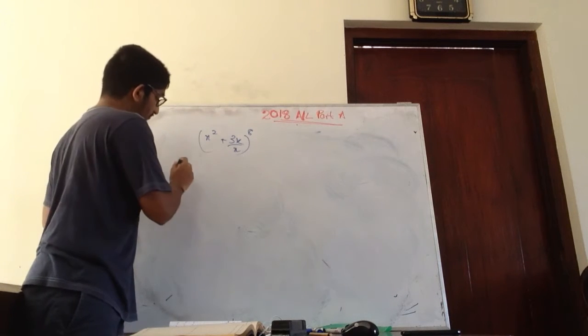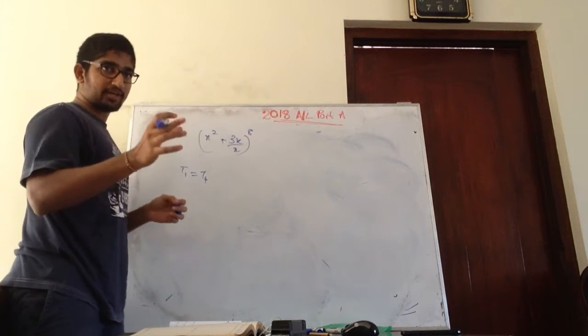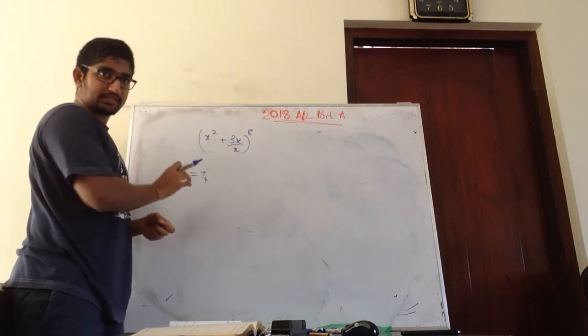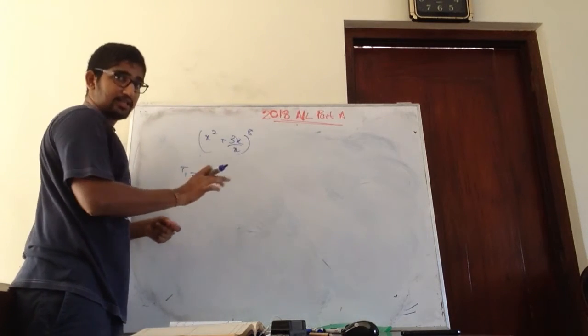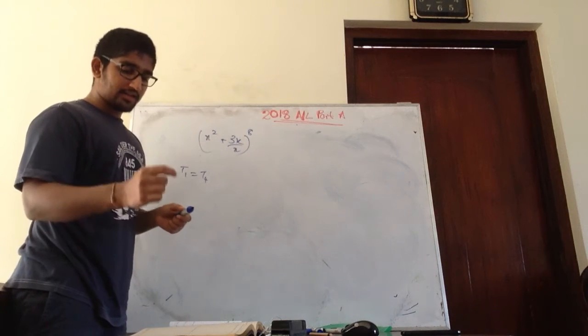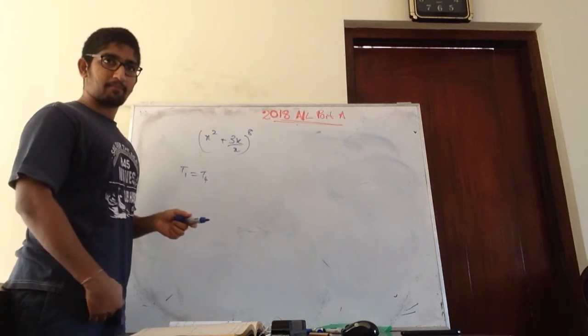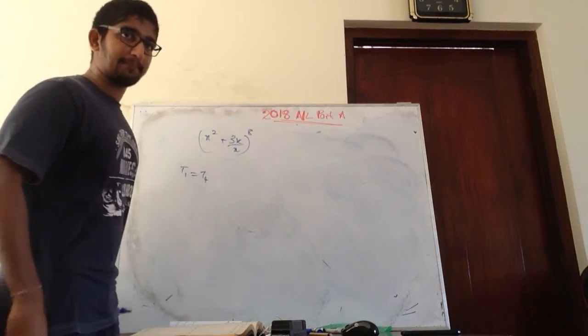So the term 1 and term 4, if I name the coefficient of each term as term t, those will be equal. Then they are saying from that find the value of the constant k. Right? So what we need to do is to find k.